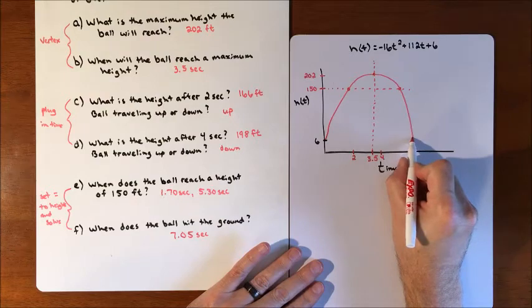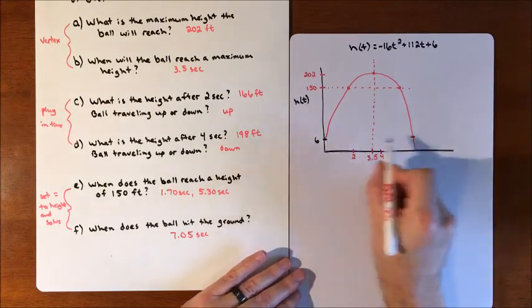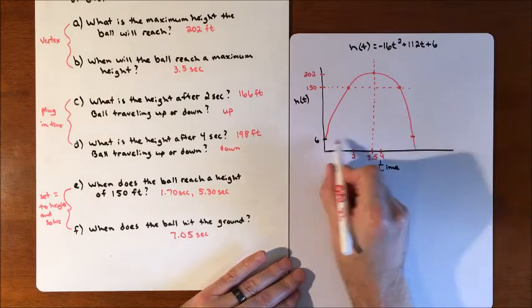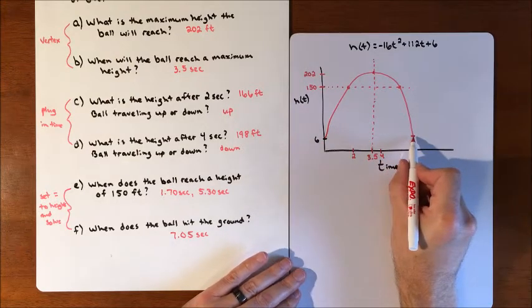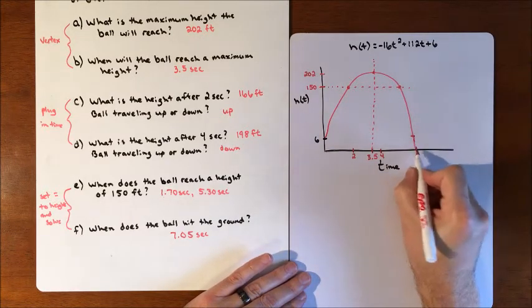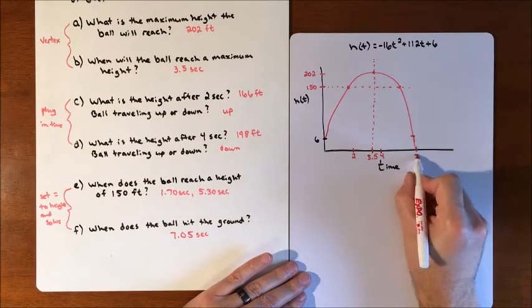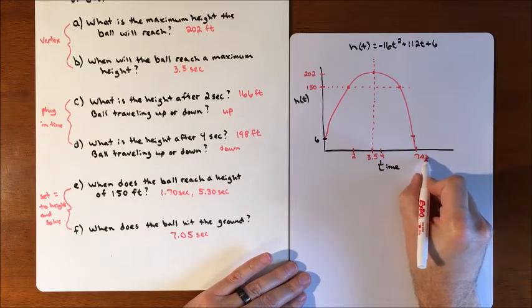But that would leave us at the height of where we started. We started at 6 feet, so 3.5 to get up, 3.5 to come back down to 6 feet, but we have to travel that extra 6 feet. That's why this value ends up not being double, of 7 seconds, it takes 7.05 seconds.